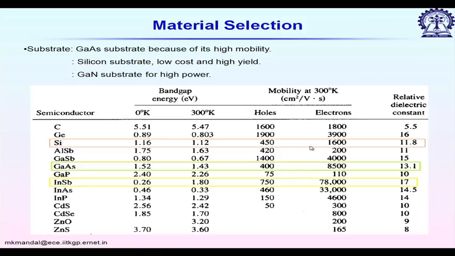Now, look at the mobility values. Silicon electron mobility is 1600 centimeter square per volt second, whereas for gallium arsenide it is 8500. So, obviously, for gallium arsenide based devices, electron velocity will be much higher under a given electric field, and we can increase fT of the device. We can go for high frequency operation with gallium arsenide based devices.